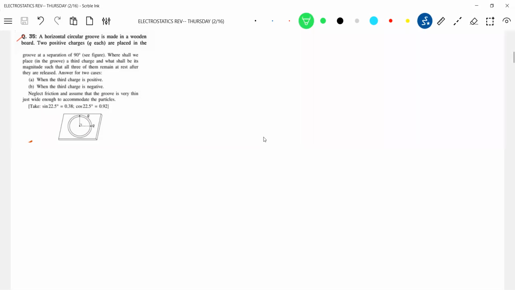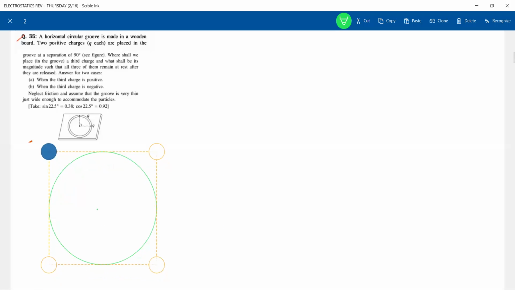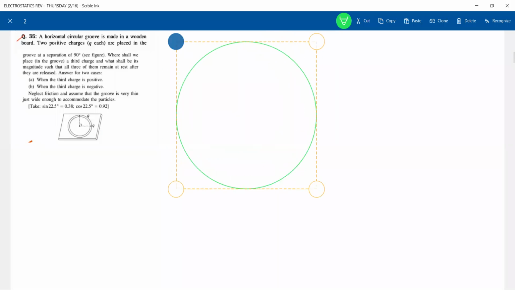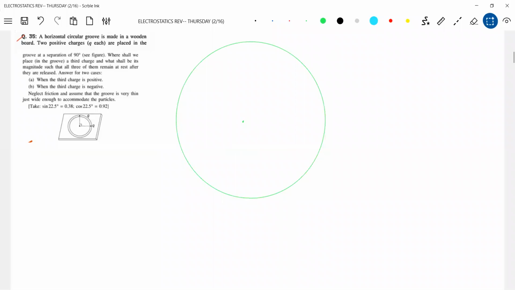I'll proceed with the diagram. Okay, these are the two point charges. Read the question. Meanwhile, I'll construct the diagram.